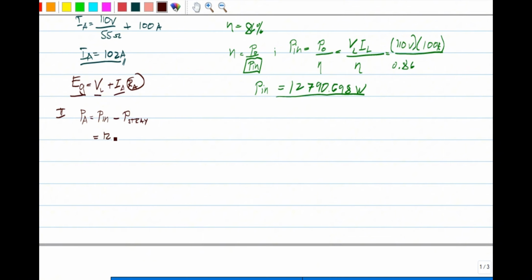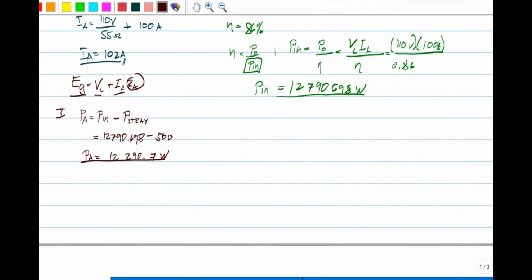So we have 12,790.698 minus 500 watts of stray losses. So we have 12,290.7 watts as the PA.